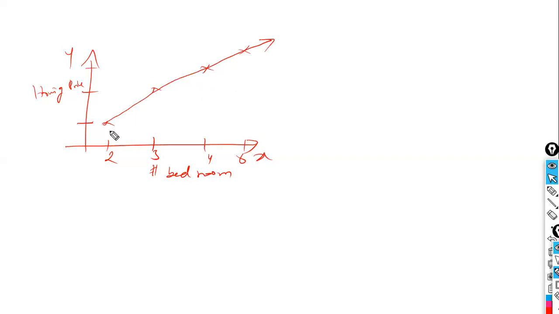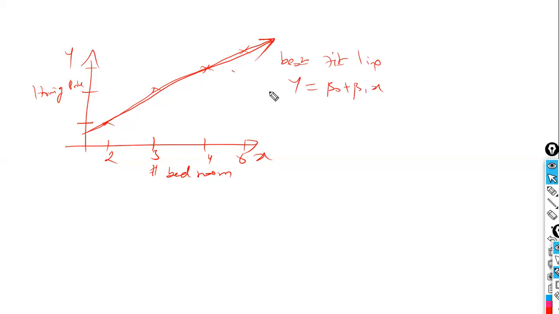Here, in this case, I have drawn a line, right? This line touches all the data points, isn't it? This line is called your best fit line. This is also called the equation y equals beta naught plus beta 1 x.